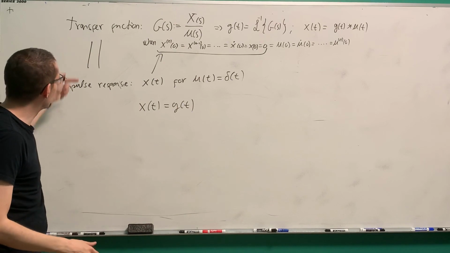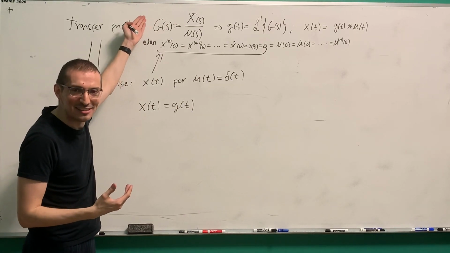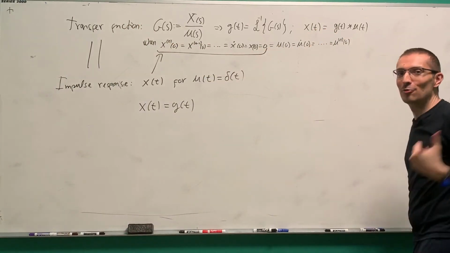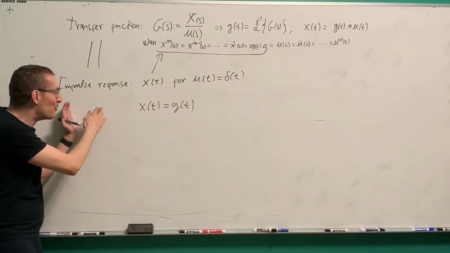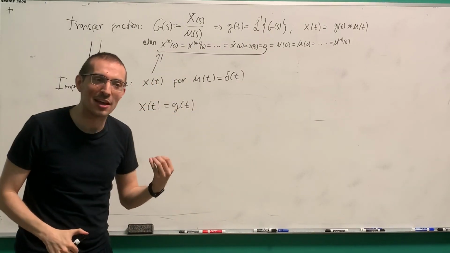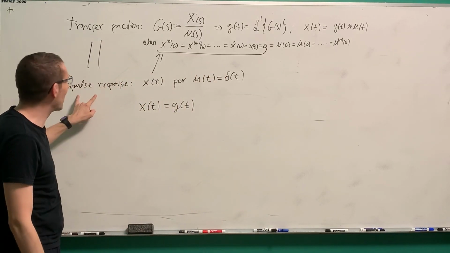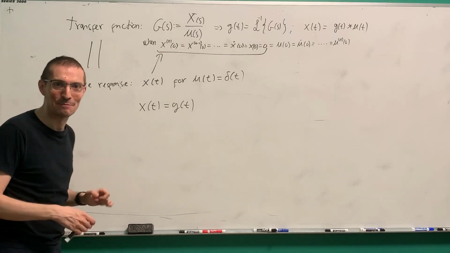Because these two things are the same, this is a theoretical object that characterizes the system, and it's a super cool theoretical object, takes the input and returns the output through convolution. It's related here with something experimentally measurable, which is how my system reacts when I drive it with a delta. So you can measure the transfer function by measuring the impulse response, how the system behaves when I drive it with a delta.